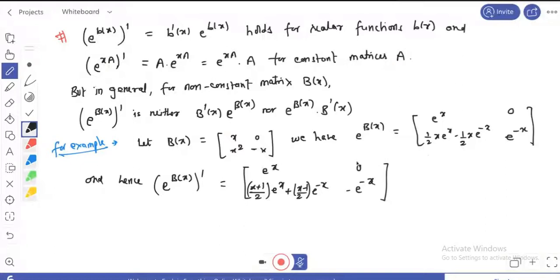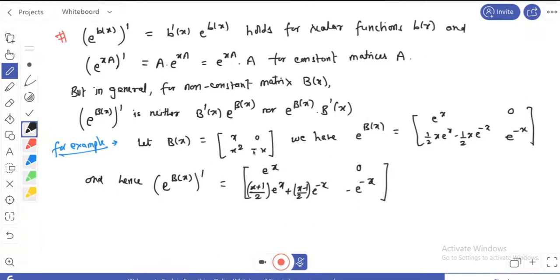Okay, so if we find the derivative of this matrix multiplied with that, or this with the derivative of that, if this equals this thing, then we can say that okay, this is correct for all cases. Okay, but here you will see this is not equal to that matrix.